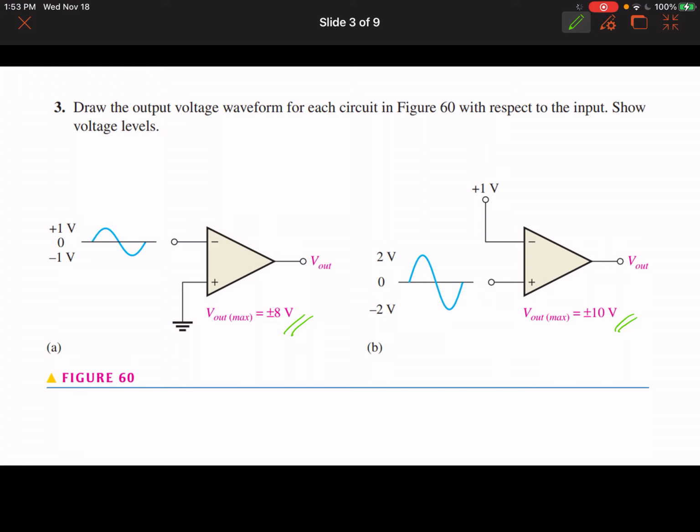Now let's take a look at the first figure, figure 60A. We first notice that the ground is actually connected to the non-inverting input.